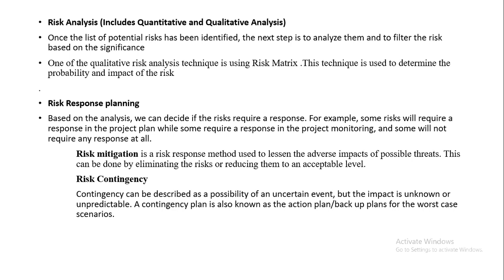Actually it will not happen, but if at all it happens, we will have a backup plan. All this planning is done in risk response planning: whether we need to give a response or not, how to mitigate a risk, and how risk contingency can be done if any worst case scenarios come.